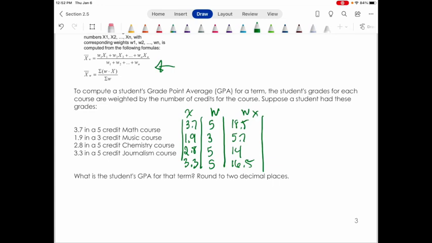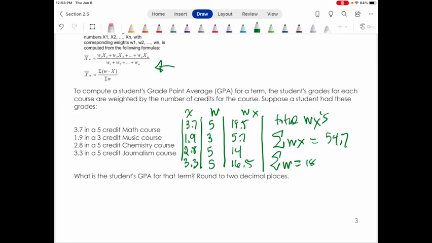All right, now I am going to add up all those values. So I'm looking at the total of my wx's, which can be written like this. I'm going to add up the sum of all my wx's. When I add those all up, I get 54.7. When I add up all my weights, those are my credit hours, all my w's, I get 18.